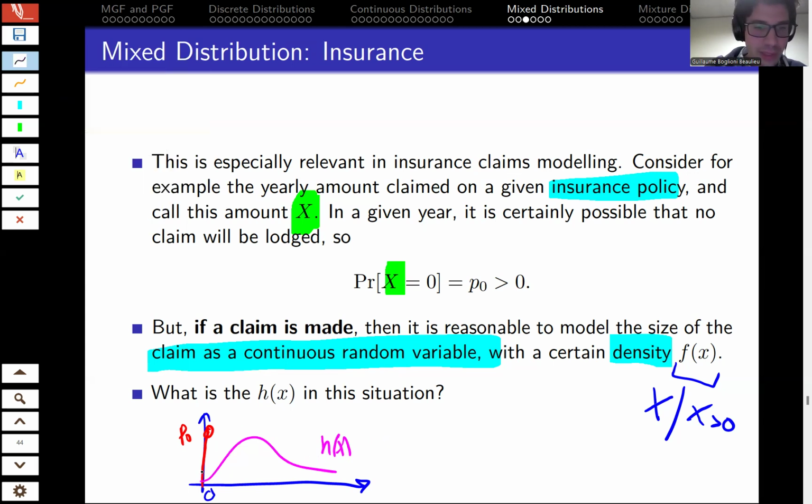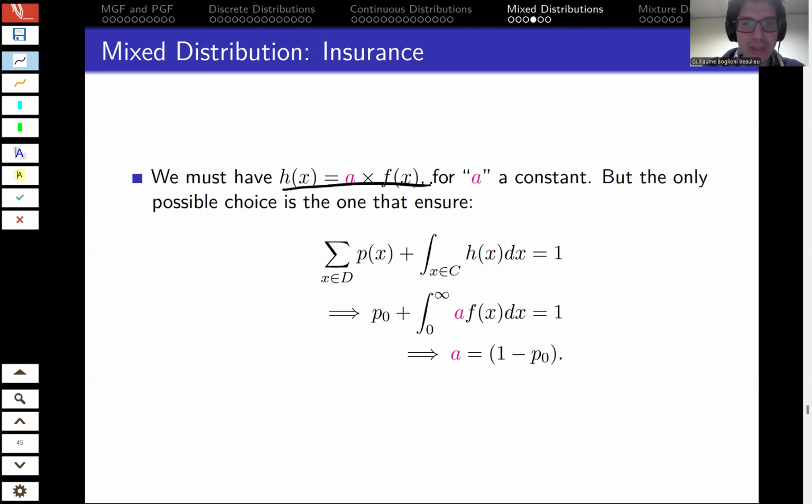Meaning they have the exact same shape, it's just that f x is a bit bigger, because f x integrates to 1, while h x doesn't. What I mean is this: h x is a constant times f x, a constant smaller than 1.